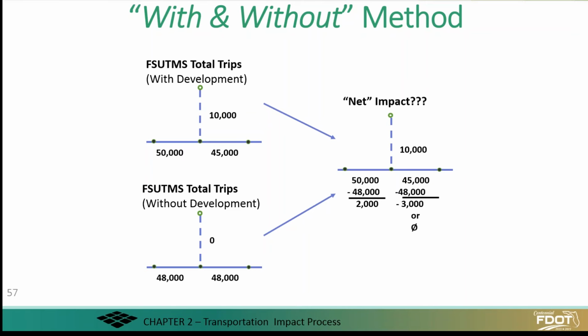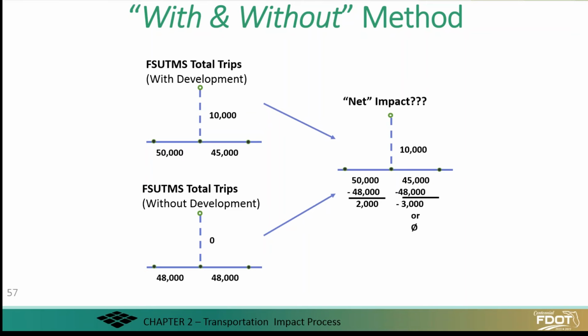So that includes not just the trips from the development, but also the trips that are already occurring from other projects, developments, or just existing development in the network. And then the second scenario without the development, so 0 trips are being added onto the network, and so you get 48,000 trips in each direction. Those are just all traveling through there, not being affected by the development.